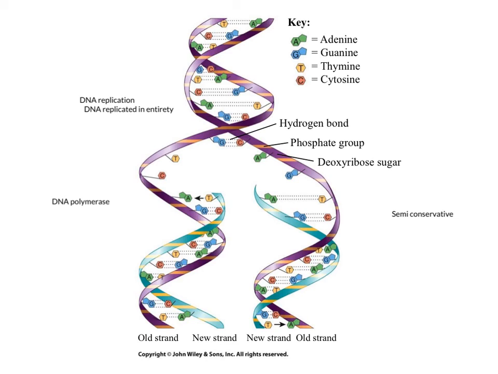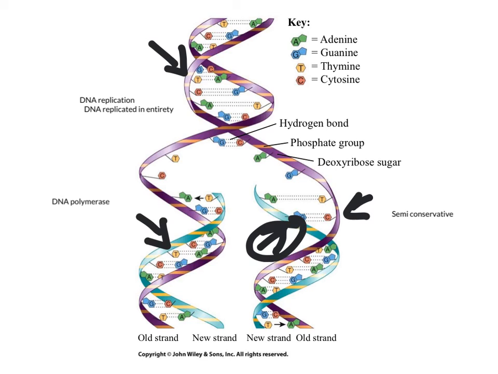If you look at the picture that you see here on the screen, you'll notice that the original DNA is up here in purple, all right? We open it up with DNA helicase, and then we get these two strands that are coming out in here, okay? When DNA is finally made, it's going to have one old strand and one new strand per each DNA, and so that's why it's semi-conservative.